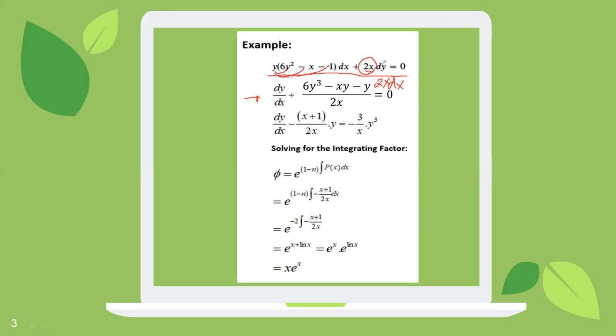You need to divide by 2x because you're going to divide the entire equation by 2x. If you divide this one by 2x, that eliminates the 2x already. And if you divide this one by dx, that will also eliminate dx, introducing 2x. So this is already your DE after you have divided the original differential equation by 2x dx. Okay, so this is your DE.